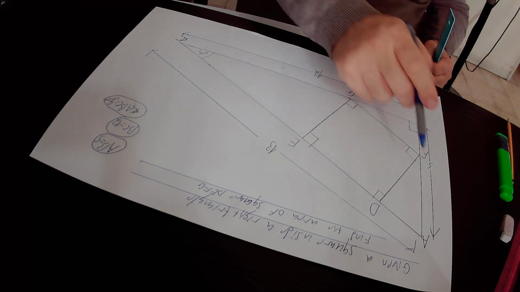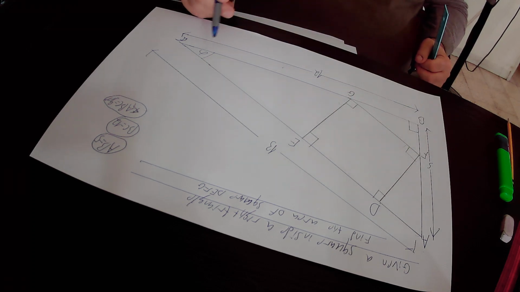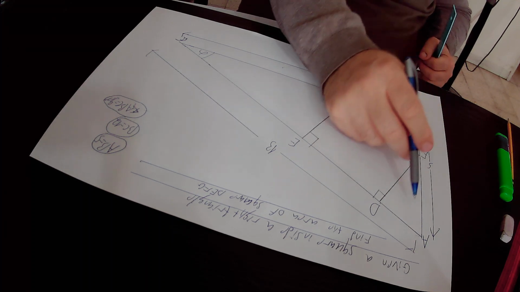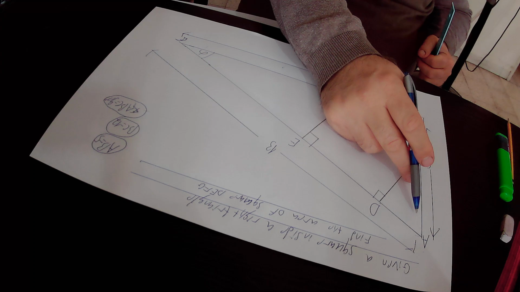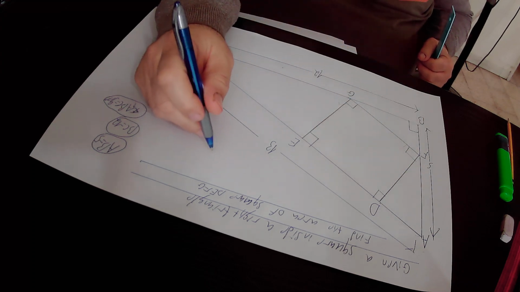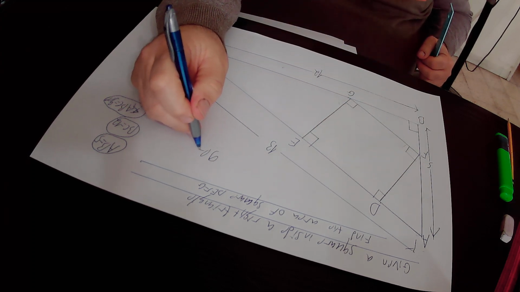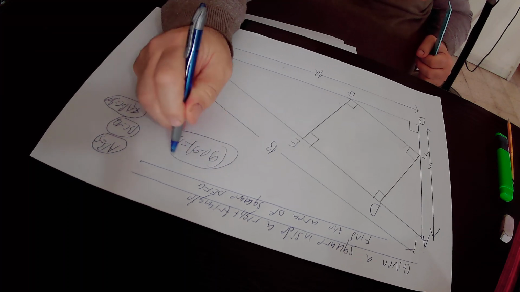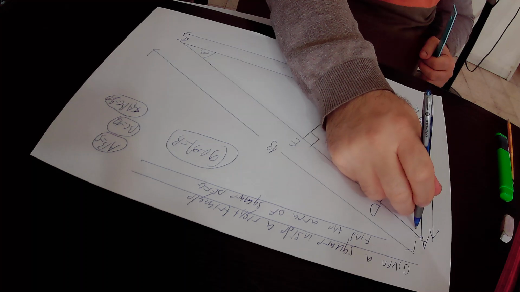Why? Because 90 degrees minus alpha plus alpha is 90 degrees, and 90 degrees plus 90 degrees equals 180 degrees. That is the sum of the angles in any triangle. So the missing angle must equal 90 degrees minus alpha. So we define that 90 degrees minus alpha equals beta, and therefore the missing angle here equals beta.